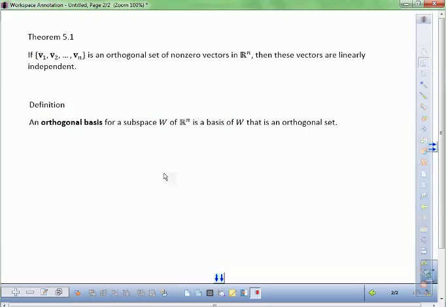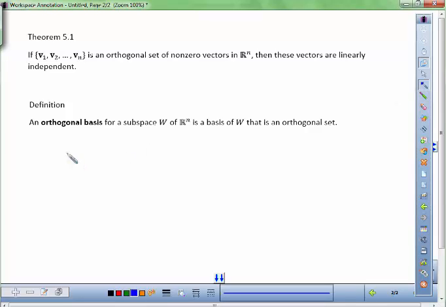So these 2 ideas we've kind of just discussed in the last minute and a half. If you have an orthogonal set of vectors, then because they're all perpendicular to each other, they're going to have to be linearly independent. And that kind of made sense, right? And then an orthogonal basis is a basis that's an orthogonal set.